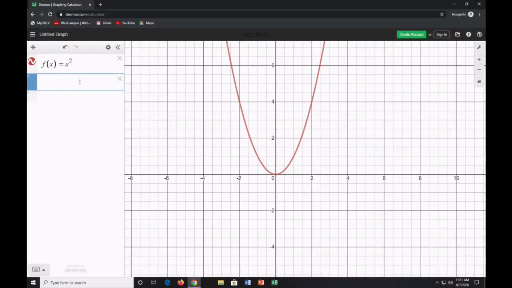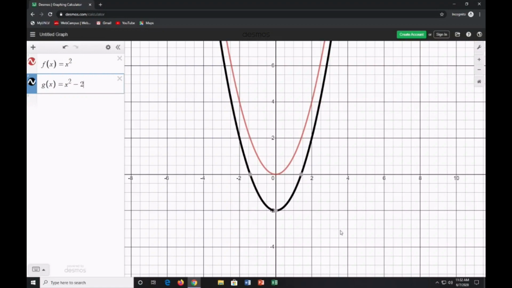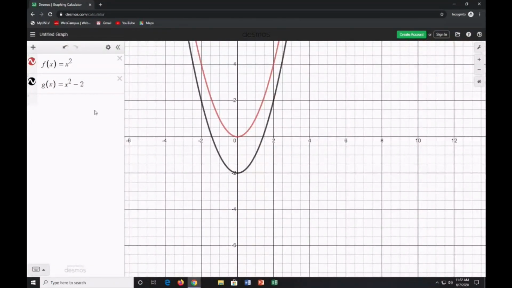Okay, so for number 9, the g of x function was the quadratic function and then minus 2, right? So that vertex drops from 0, 0 to 0, comma, minus 2. We can snap to it, that red dot, and then label it like that.